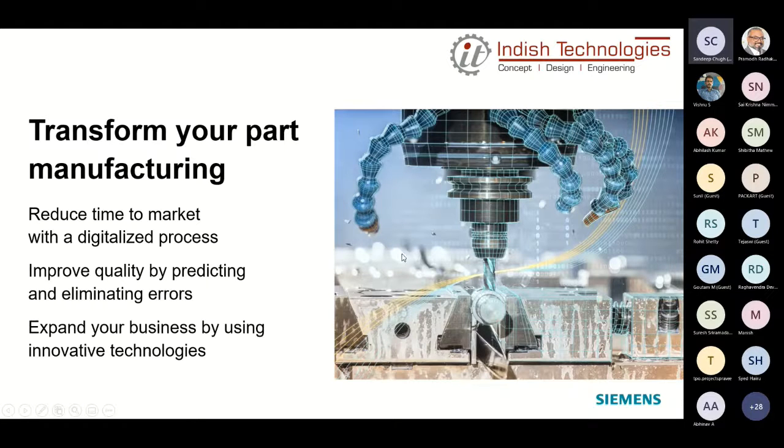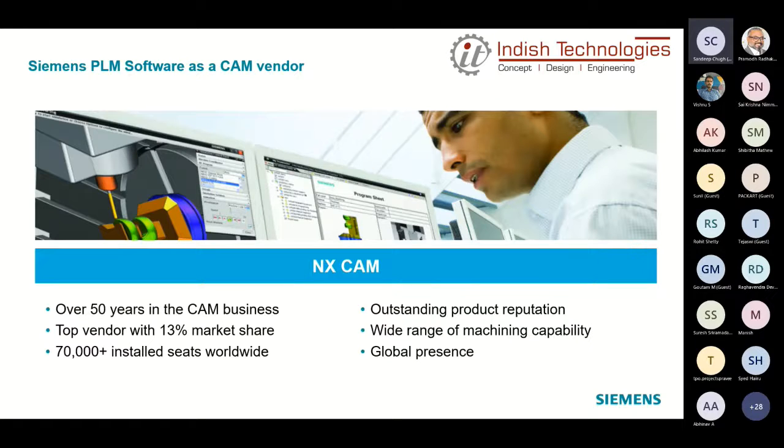For this webinar, because our topic is transforming our manufacturing way more digitally, let's see a few of the things which NX can offer. NX has about 50 years of presence in the CAM business.